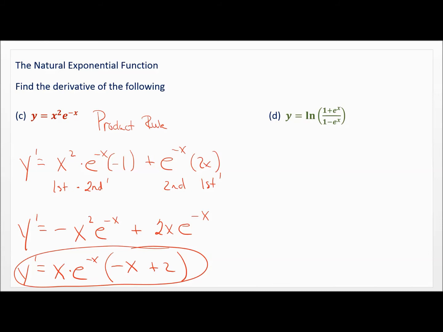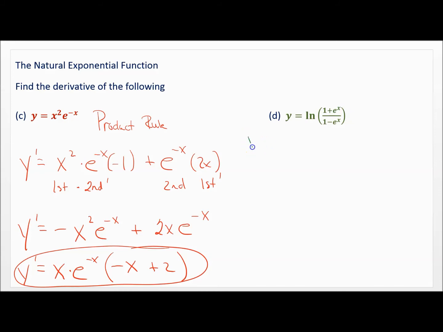Okay, our next problem. What do we do with this? So the derivative of natural log, remember we talked about that a section ago, or two ago, the derivative of natural log is 1 over what's on the inside times the derivative of the inside. But we also know that if we can simplify our natural log, in other words, if we have multiplication or division or an exponent inside, we can simplify that expression.